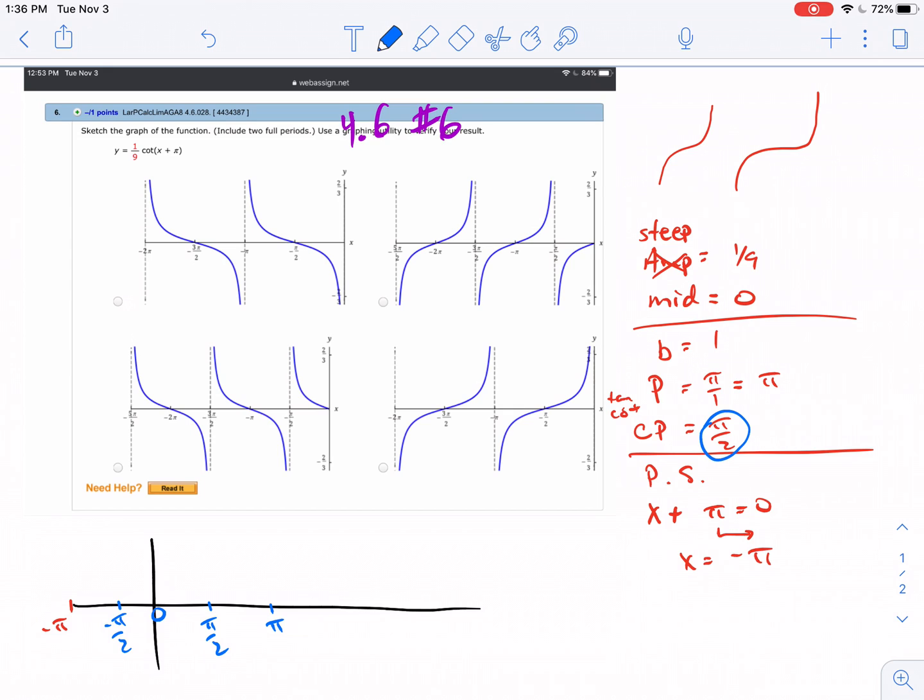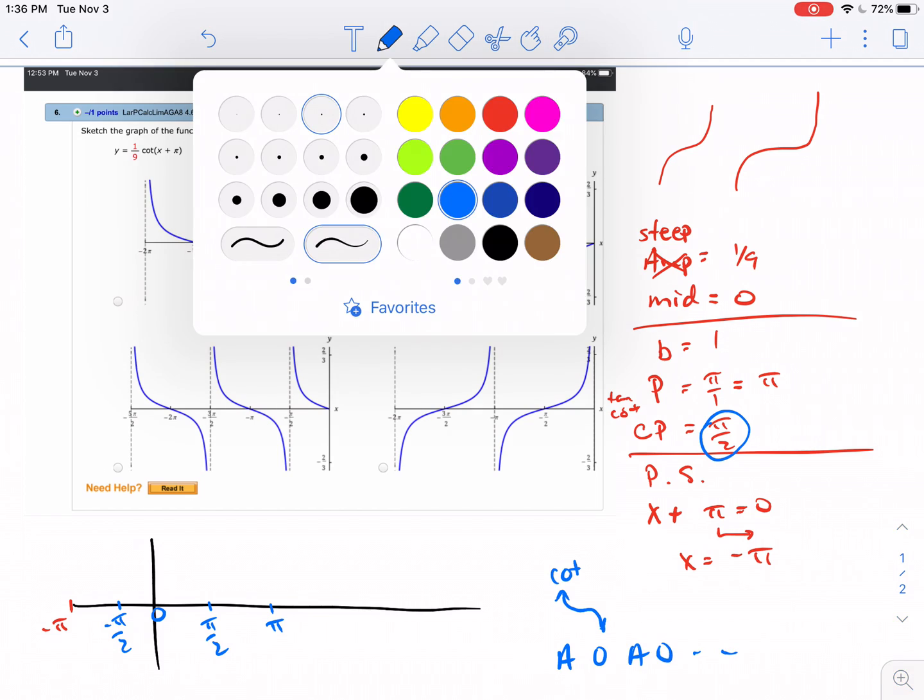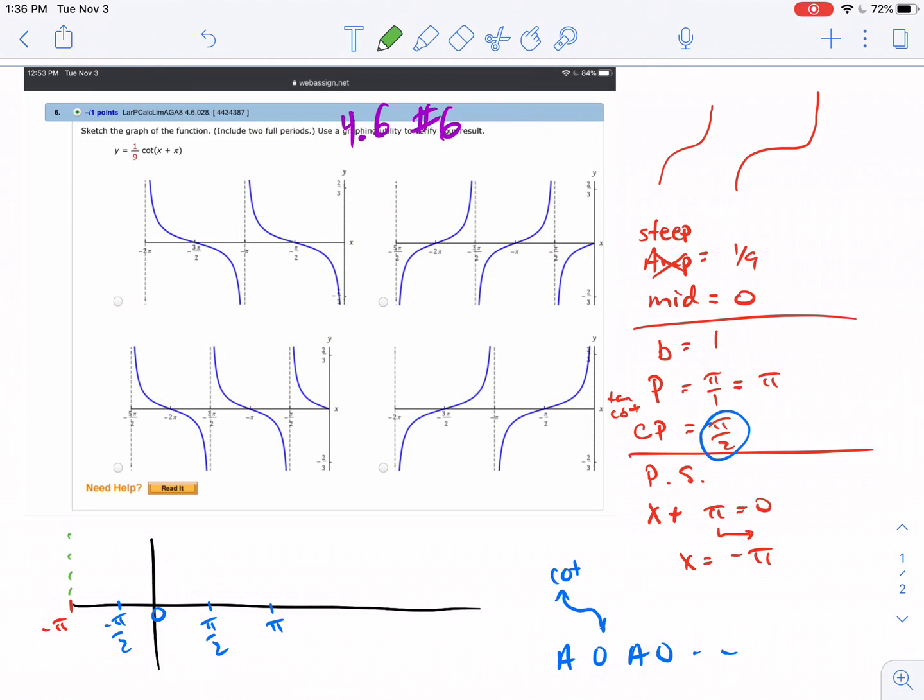And then cotangents, remember, go up to the left. So cotangent will go up to the left, down to the right. And then they also go asymptote, 0, asymptote, 0, and they just keep alternating. So my very first critical value would be an asymptote. Then the next one is a 0.